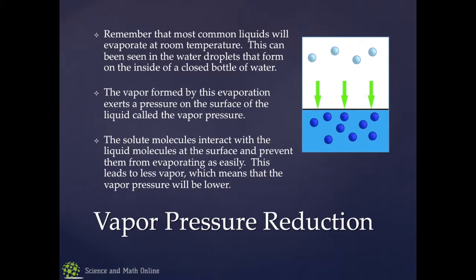On a practical scale, this is not one of those things you're going to run into a whole lot. However, it is the foundation of the next two, and that's why we need to learn about vapor pressure reduction to start with. So everything produces a vapor, most liquids do. If you dissolve something in it, it's going to decrease the amount of vapor that forms, decreasing this vapor pressure.